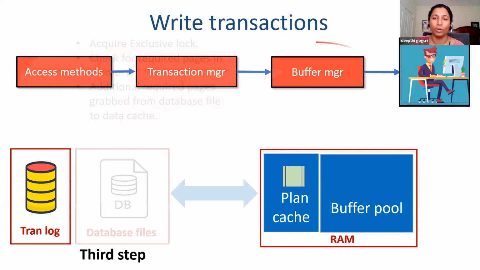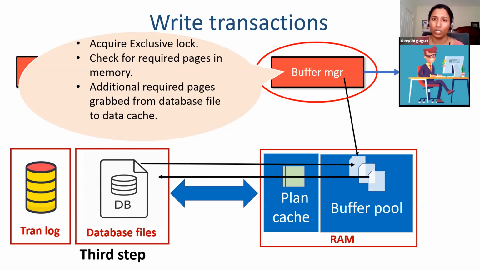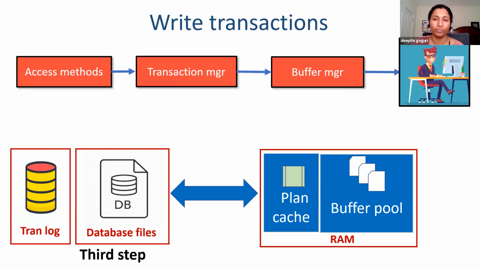So once the query has reached the buffer manager component, it will first put the exclusive lock on the resources it needs, and then check if all the pages it needs are already inside the buffer pool. If it didn't find some or any of them, it will grab that information in the form of 8 KB pages, put them back in the buffer pool, just like the read transaction, do the modification over there, and then send the success message to the user.